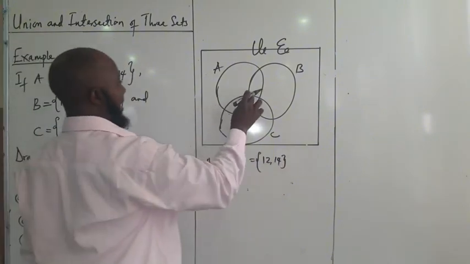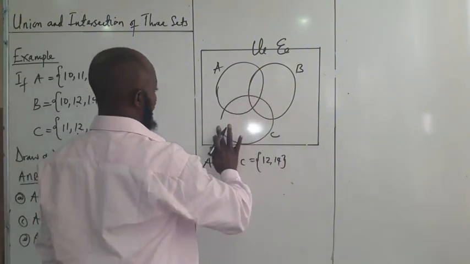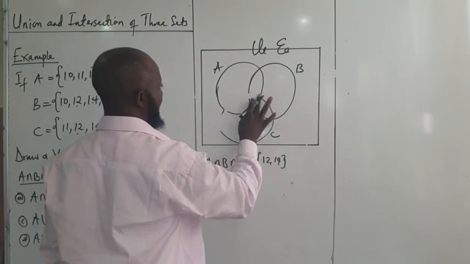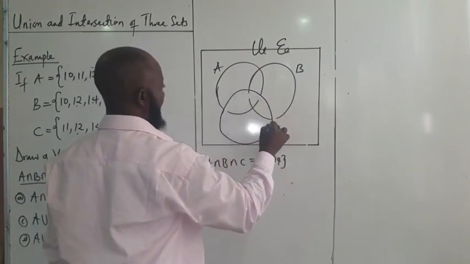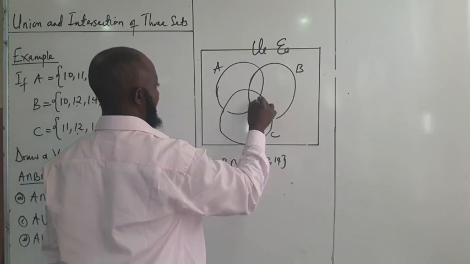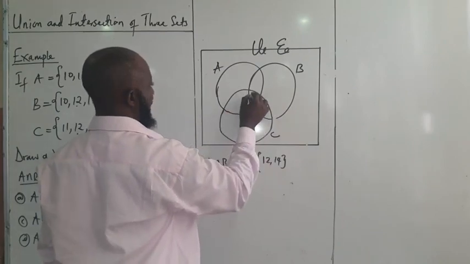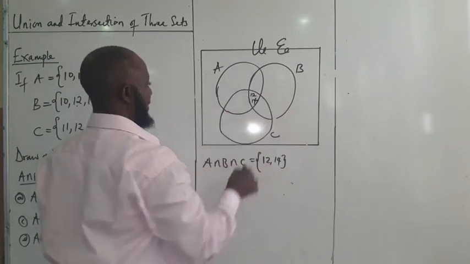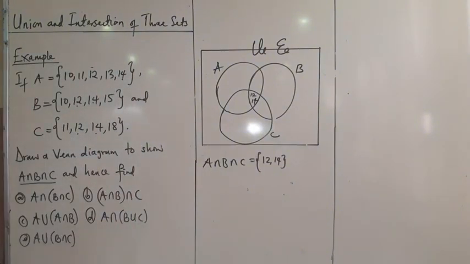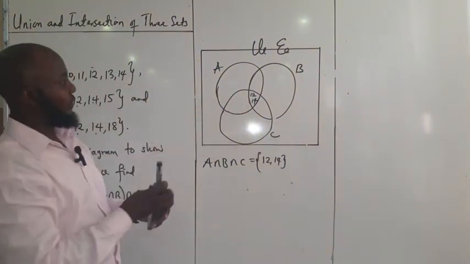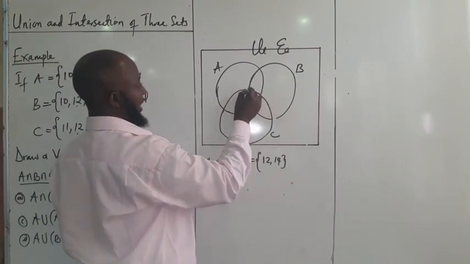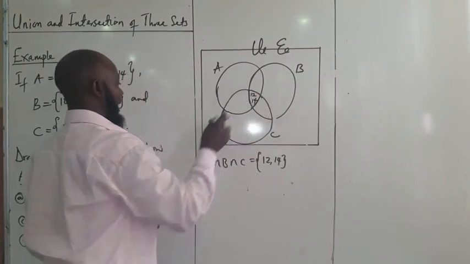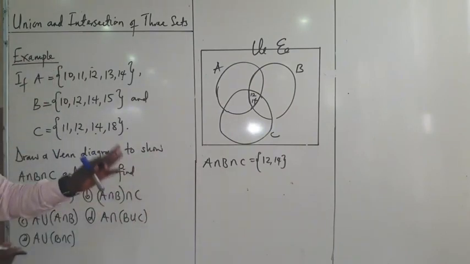That is what we're going to have at the middle here. Let me redraw this and make it bigger. We put 12 and 14 here. This is where the three of them are common. This is for C, this is for A, and this is for B. What is common to them is 12 and 14.